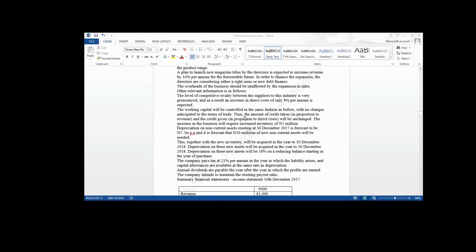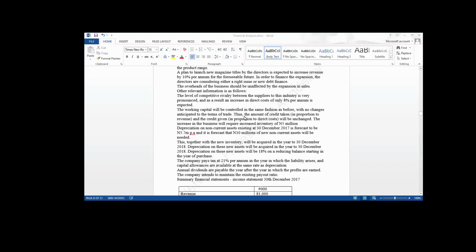The amount of credit taken in proportion to revenue. Please note, credit taking represents your trade receivables. The amount of credit taken in proportion to revenue, that is trade receivables in proportion to revenue, and the credits given in proportion to direct cost will be unchanged.